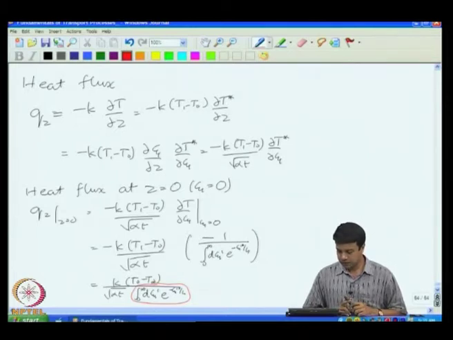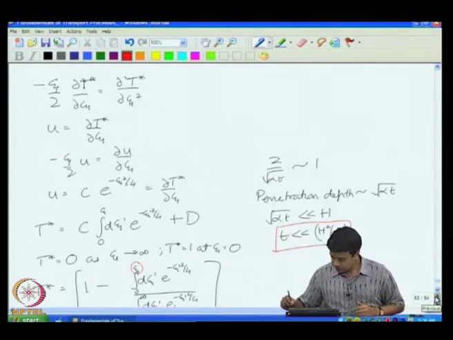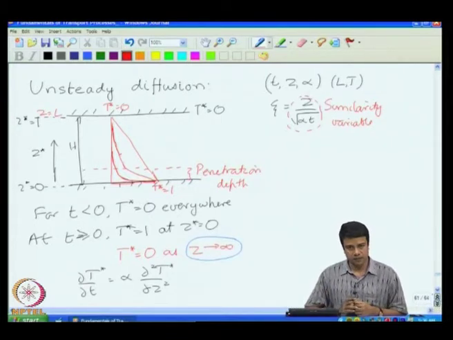So to recall, we used similarity transform because there were no length or time scales in the problem with which we could scale length and time by. And because of that, we managed to get a solution which was only in terms of a similarity variable. Now, the similarity transform can also be applied for mass and momentum transport equations problems.